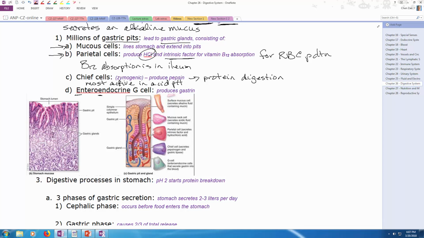This is a gut hormone and produced by that enteroendocrine G cell, and that's nice that they called it an enteroendocrine G cell because the hormone that they produce is gastrin. So that's really nice that they actually kind of added that to the descriptor for that. Gastrin is a hormone that obviously is going to circulate in the bloodstream that is designed to actually stimulate the production of more gastric juices.